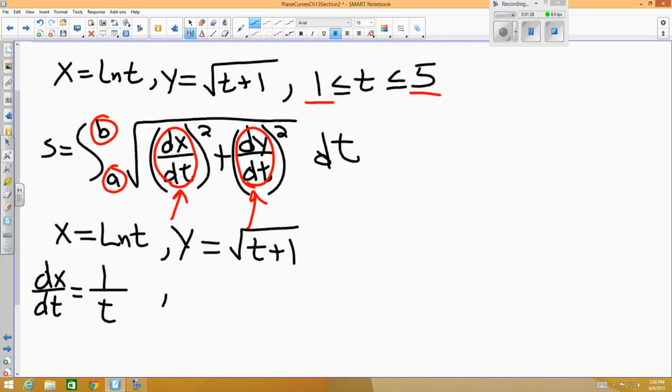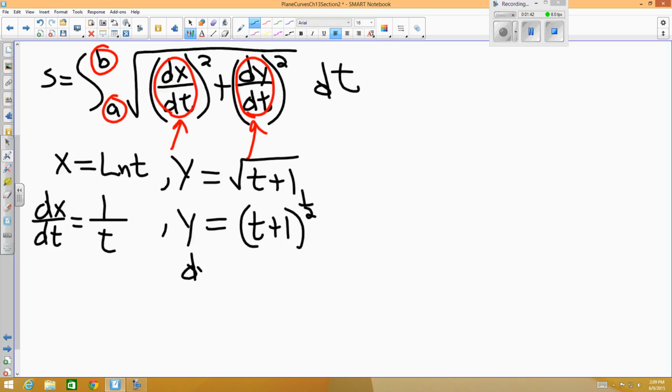For dy/dt, it would probably benefit us to rewrite the equation for y. y is equal to (t plus 1) to the 1/2 power. Then we apply the power rule with the chain rule. So dy/dt is going to be, we bring down the power, 1/2 (t plus 1), then we subtract 1, to the negative 1/2, times the derivative of the inside.